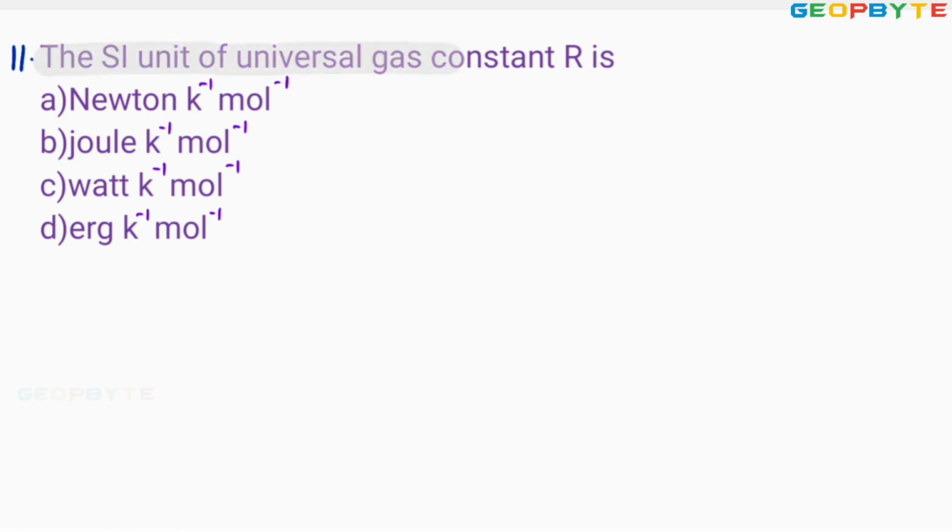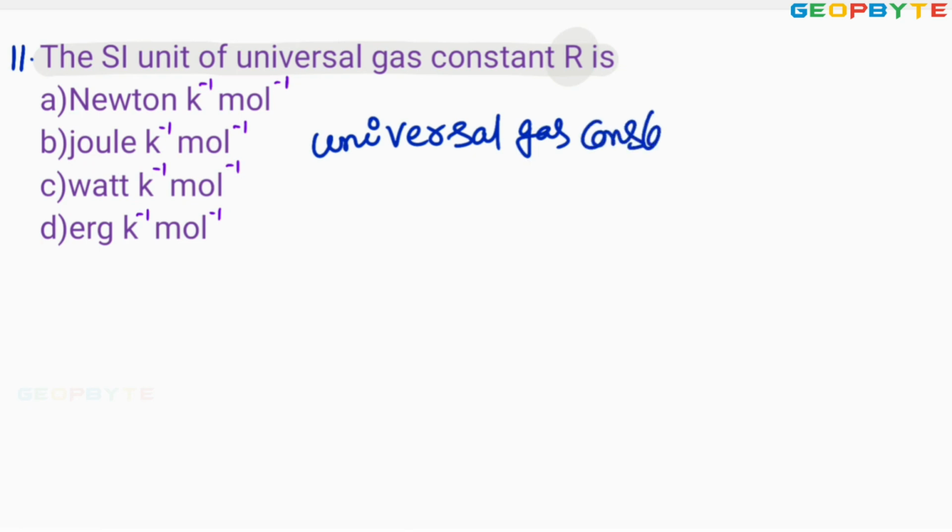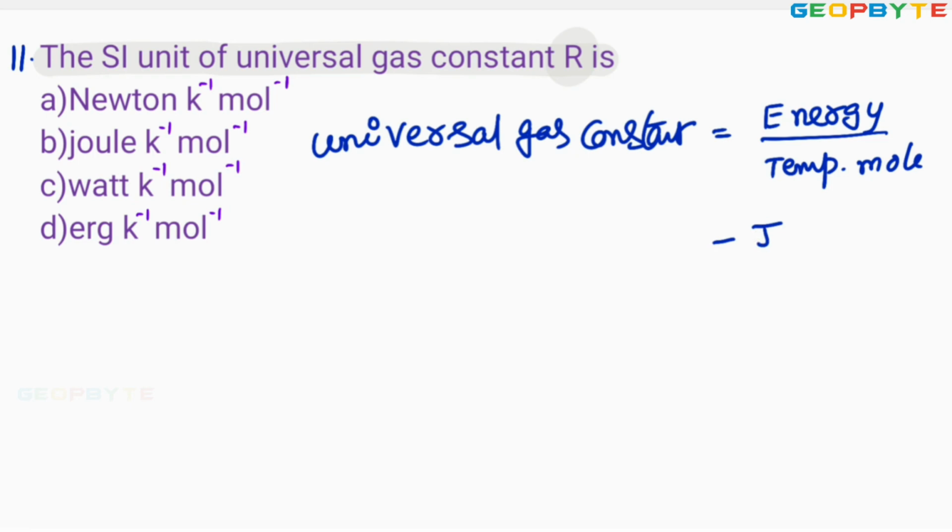The SI unit of universal gas constant R is, dear friends, universal gas constant is equal to energy divided by temperature and mole. Remember this relation. Energy unit is joule, temperature is Kelvin, and mole is mole.